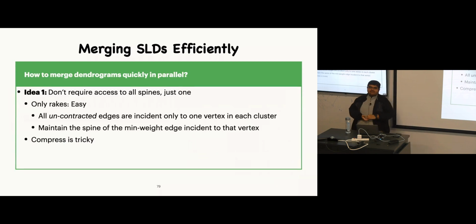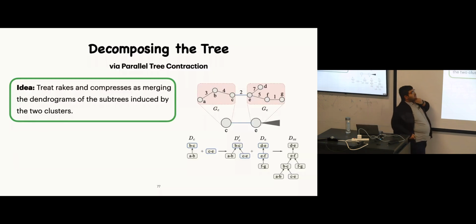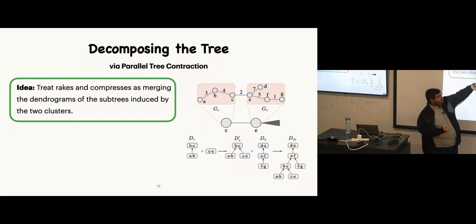The first idea here: one thing I would like to point out is that when we're actually doing the merges, for the first merge we require the spine corresponding to edge BC and the spine corresponding to edge CE, which is a singleton set, which is fine.